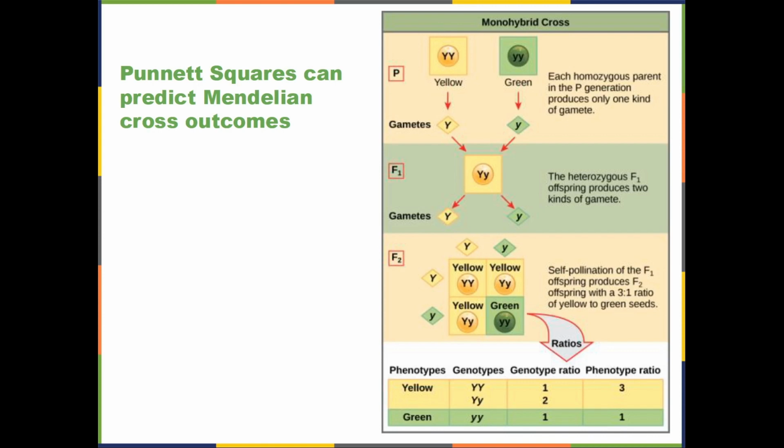And so if we do a monohybrid cross where we've got true breeding yellow and true breeding green, we cross them together. We're going to see this Punnett square down here. And the Punnett square predicts what we see in the monohybrid cross, which is that 3-to-1 ratio of the dominant phenotype versus the recessive phenotype, which comes out in the F2 cross.